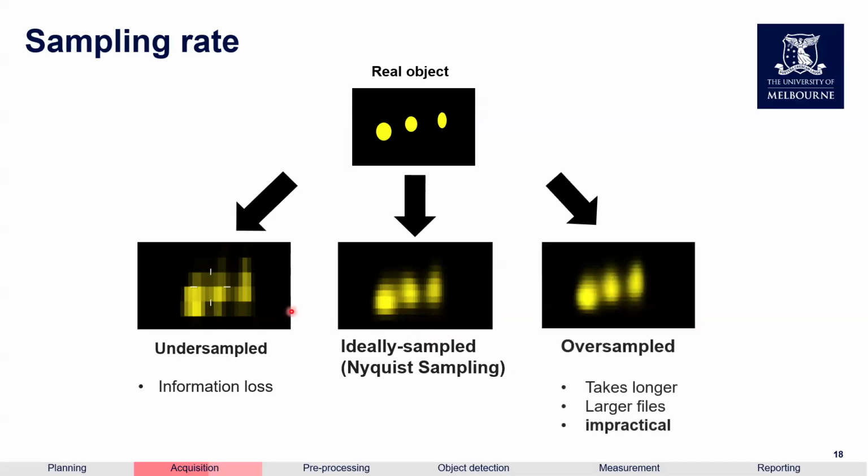On the other hand, if we use higher sampling rates, this will generate a prettier image, but this can also be impractical as the imaging will take longer and the files will be larger, which means the data processing will be slower. So in summary, what we want is sufficient pixel resolution while avoiding under or oversampling.